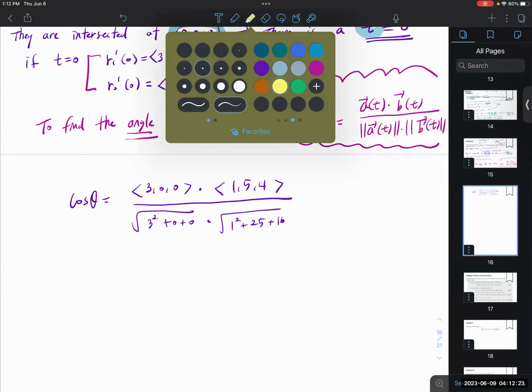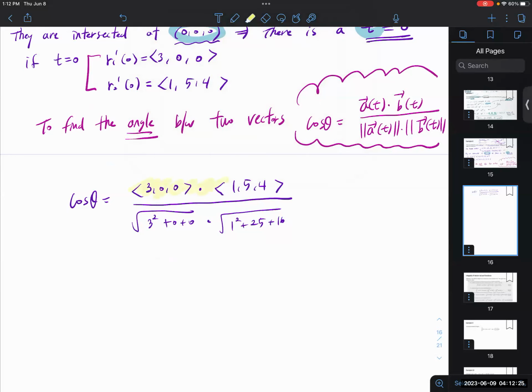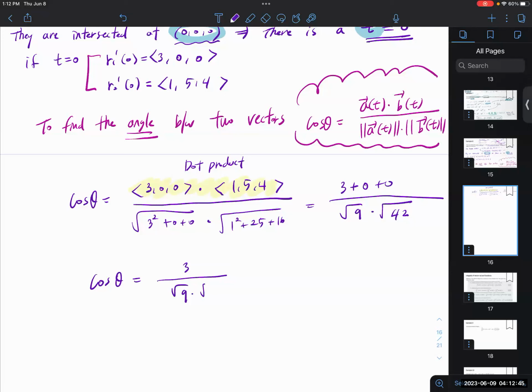I'm going to highlight it. So 3 times 1 plus 0 plus 0 is 3. The second magnitude is radical 42. So we have cosine theta equal to 3 over radical 9 times radical 42.